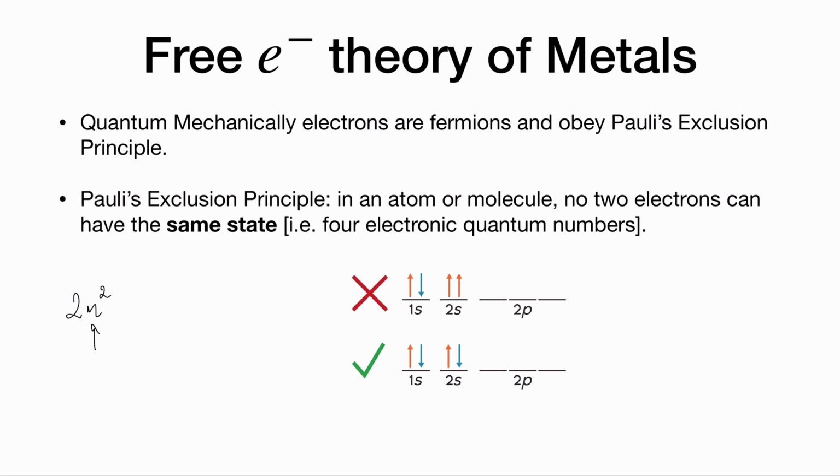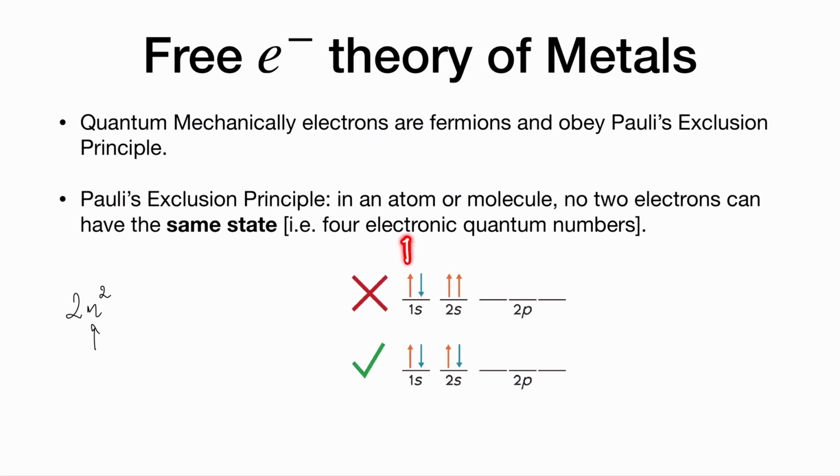And this is a way we could represent Pauli's exclusion principle diagrammatically. That is, in the first energy orbit, when n is equal to 1, we only have 2 electrons allowed. And that means we have to have one up and one down.